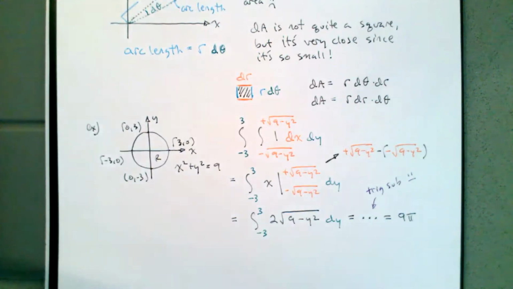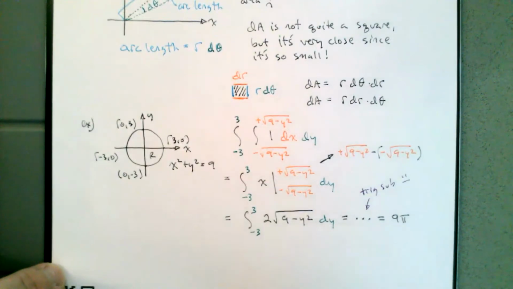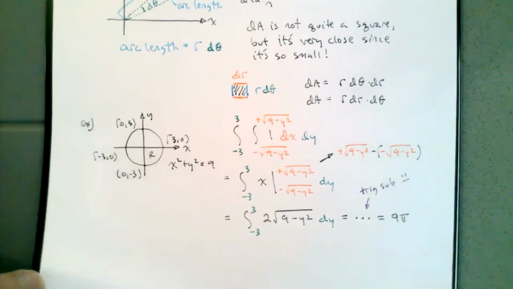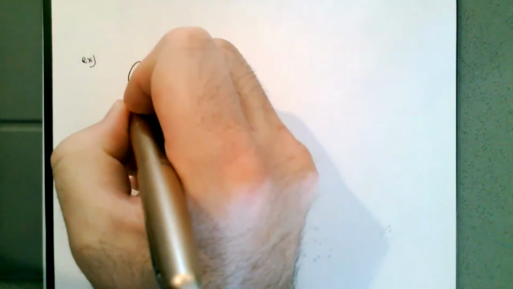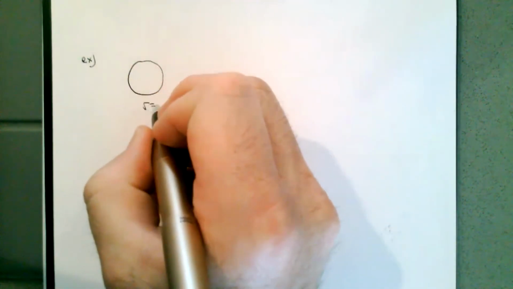So in polar coordinates, this is the equation r equals 3. And we just want to make sure that we go all the way around the circle.